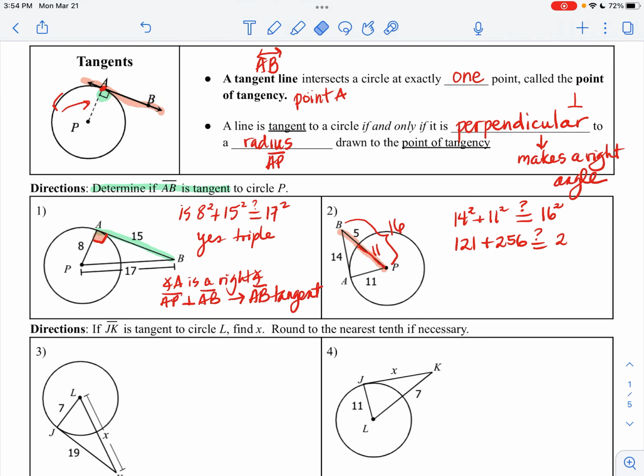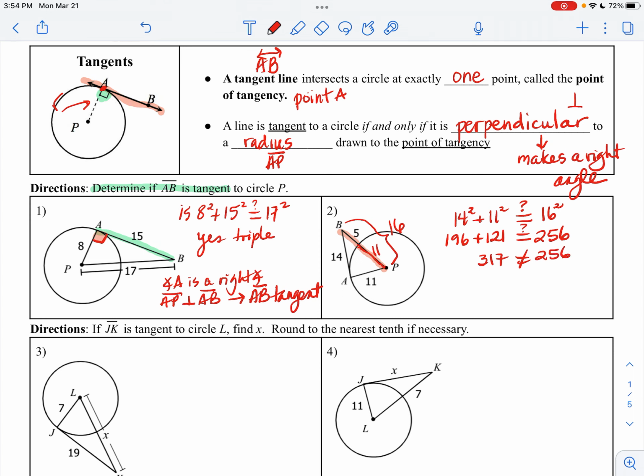Oops, my apologies. I did this out of order. Okay, let me just try this over. So 14 squared is 196. 11 squared is 121. We don't know if that's equal to 16 squared, which is 256. And let's see here, this is 317, and that is not equal to 256.